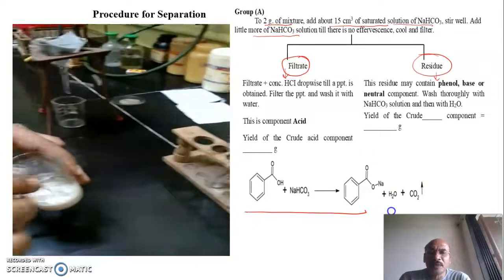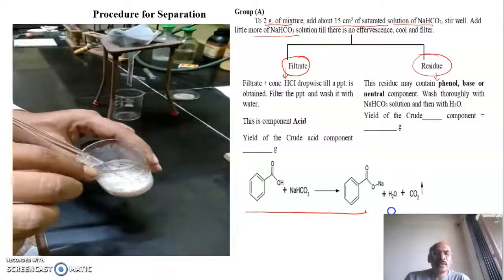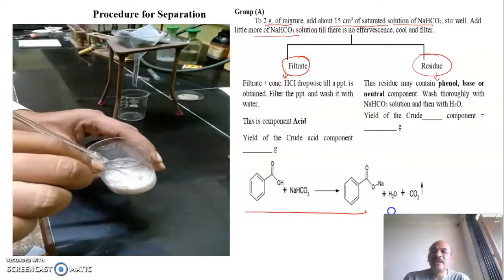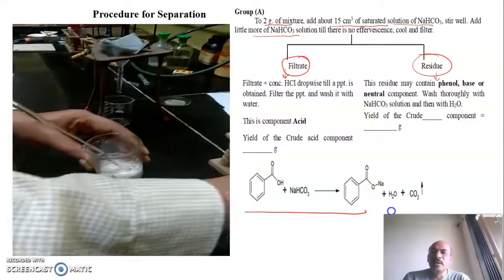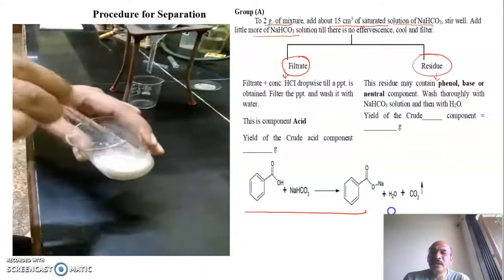The reaction which is on this slide is taking place there. Evolution of CO2 gas takes place.